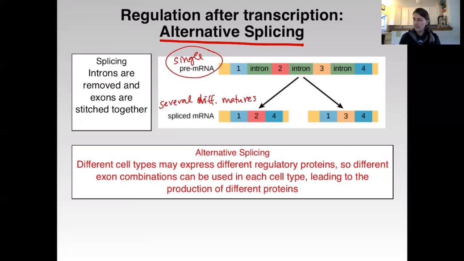So in this mRNA, we have spliced out intron 2 all the way through intron 3. So we've gotten rid of that whole shebang.